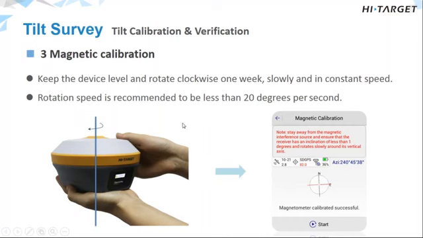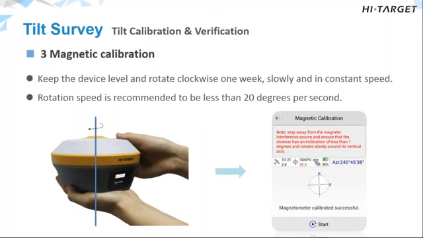The rotation speed is recommended to be less than 20 degrees per second, and the azimuth of the rotation you could see in this picture will be displayed in real time. Also, after this calibration, there will be a ding-dong sound to indicate success, and otherwise you need to do this calibration again.